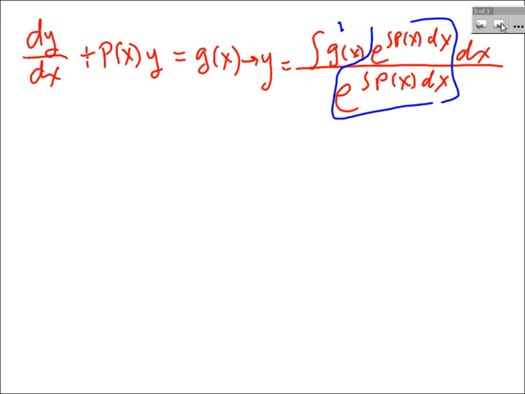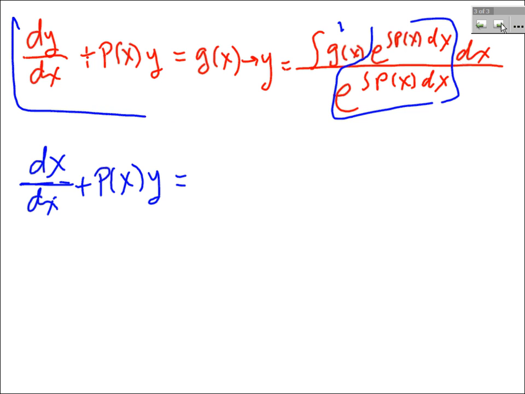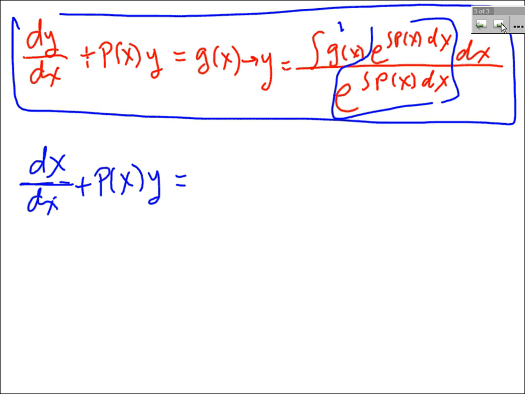Now, we're going to derive one other formula, and then we'll use these derivations to solve linear differential equations. If you understood everything I've done so far, great. If you just want to memorize this formula, fine, you'll always get it right.